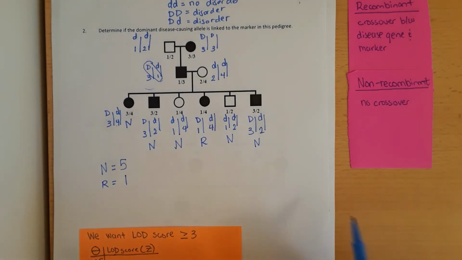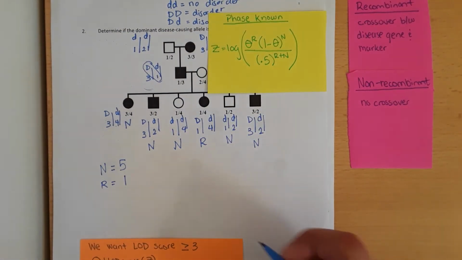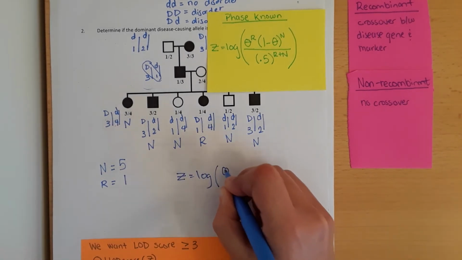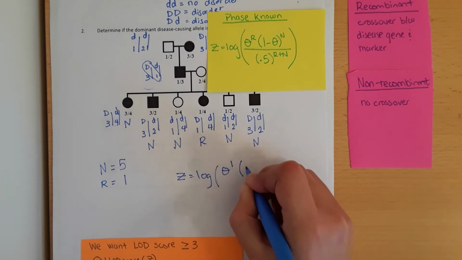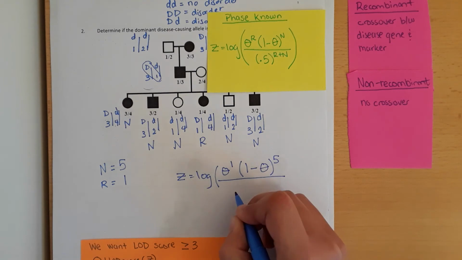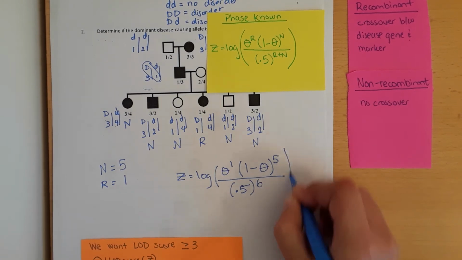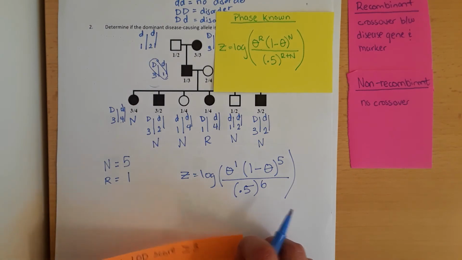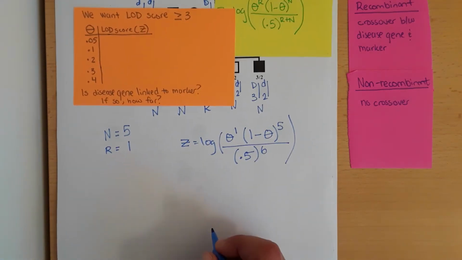So now we can plug into our phase known equation and begin to solve. So we have theta to the first, 1 minus theta to the fifth over our total, which is 5 plus 1, which is 6. So now what we can do is plug in different values for theta and then solve for our LOD score.